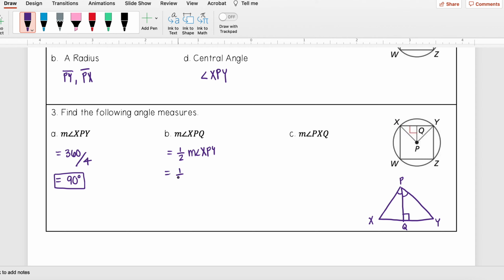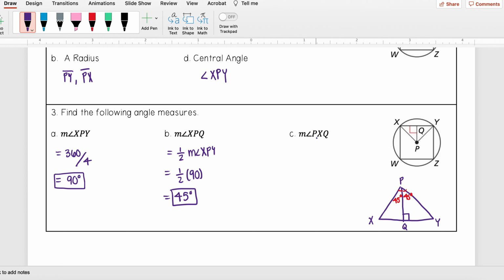My central angle we just found to be 90, so this is half of 90, which comes out to 45 degrees. Since these two angles are congruent, this angle is also 45 degrees.